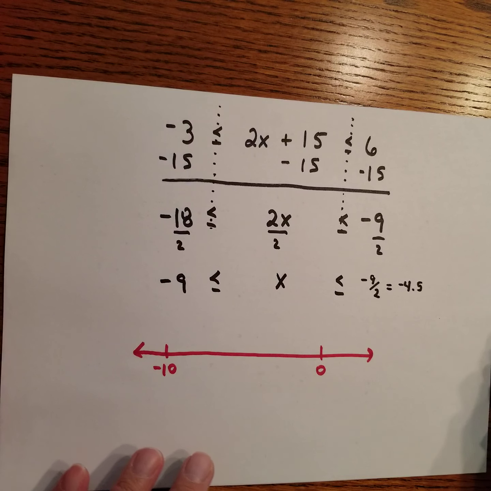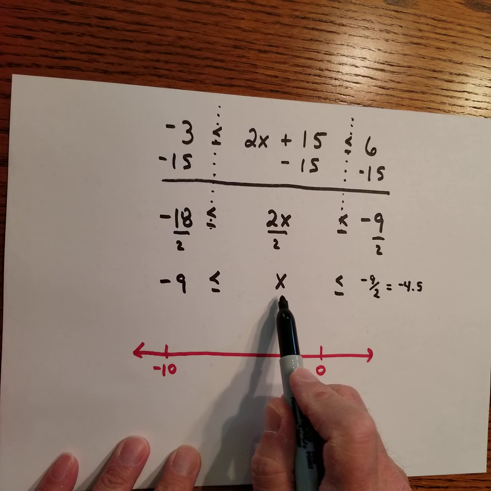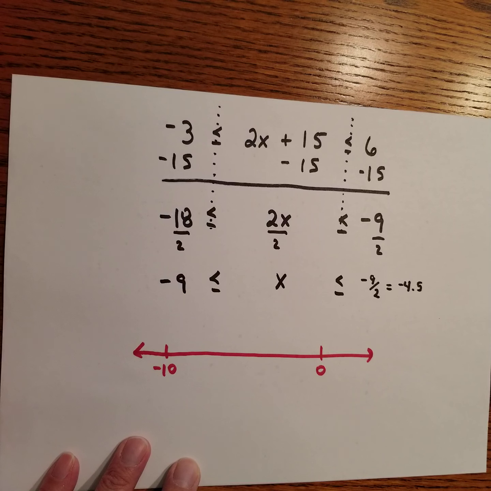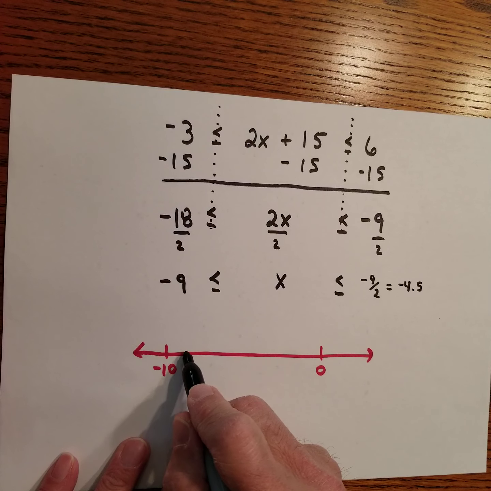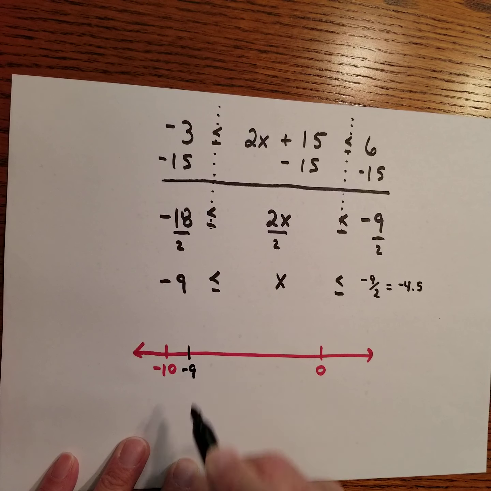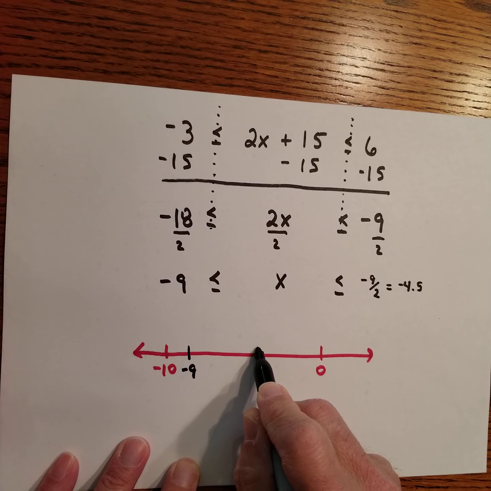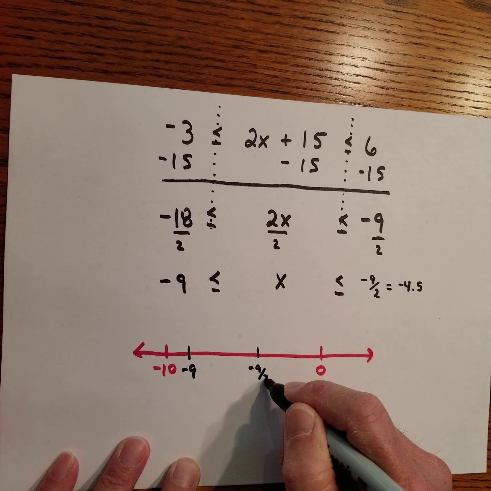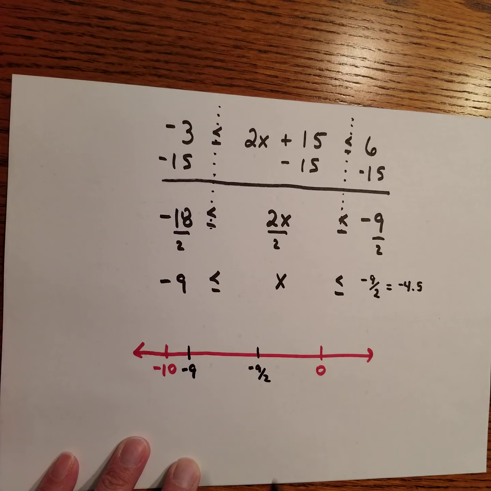Now let's make the graph. Remember, I'm using the word between. I want to be between -9 and -4.5. Here's 0. -9 would be there. -4.5 would be there. And I want the things that are between.